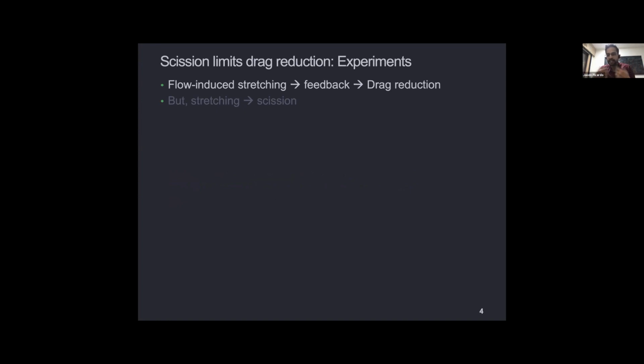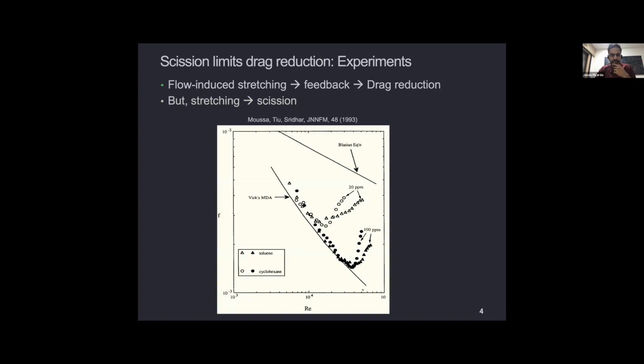And the feedback that results from the stretched polymer back onto the flow modifies the flow and leads to quite dramatic phenomena, one of which is the well-known drag reduction or Toms effect. Another of relatively more recent interest is the elastic turbulence. Now, in both cases, the origin of this is the stretching of the polymer. But the flip side of this is if the polymer is stretched too far, it can snap mechanically and break up, what we term scission in this talk.